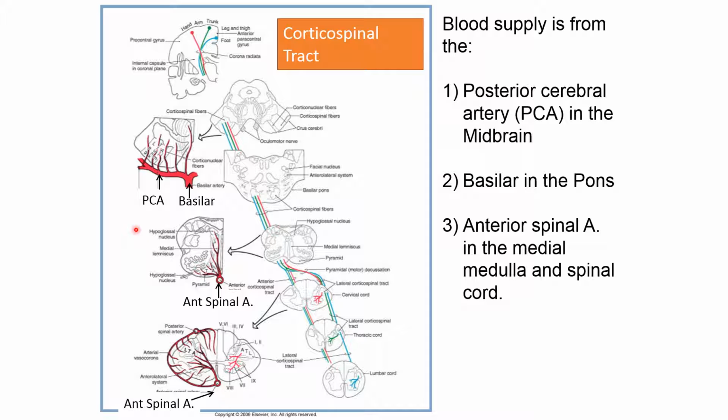The blood supply to this pathway is shown in this slide, and you can see that there are multiple blood vessels that feed the corticospinal tract at various levels.